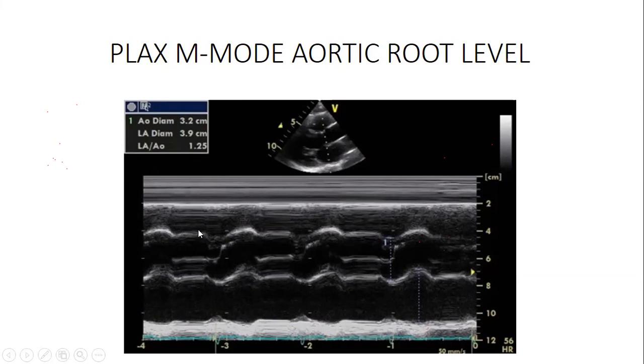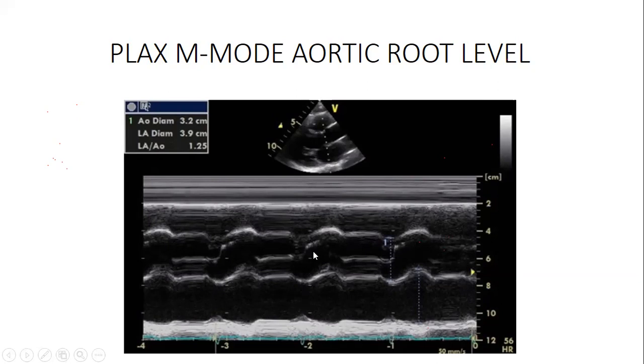And then when you see this line, that line, it's a closure line. So during this phase here, excuse me, the aorta is closed. It gives you a line, one single line. When it reaches here, it's open.